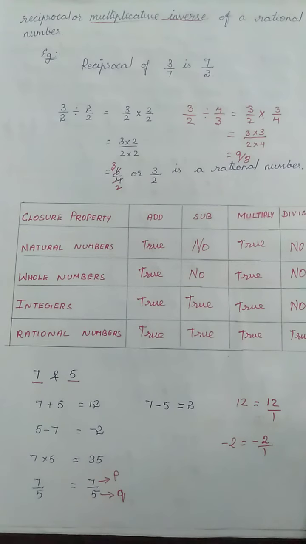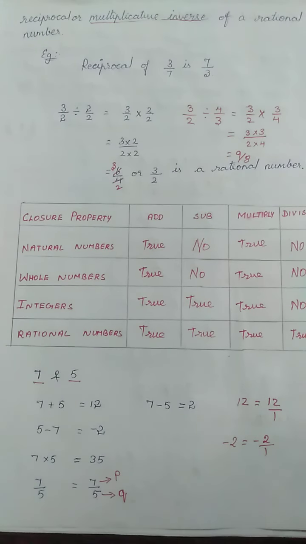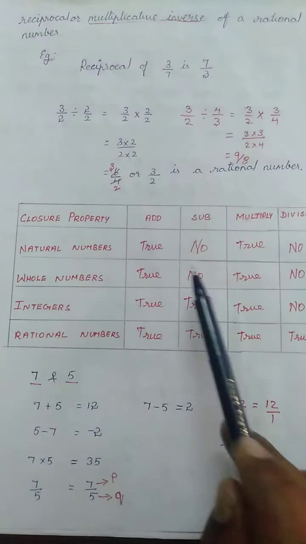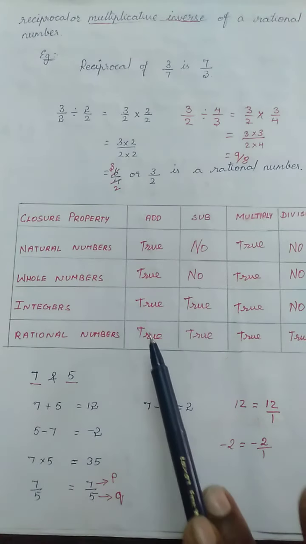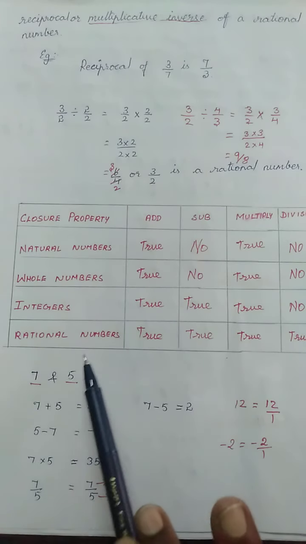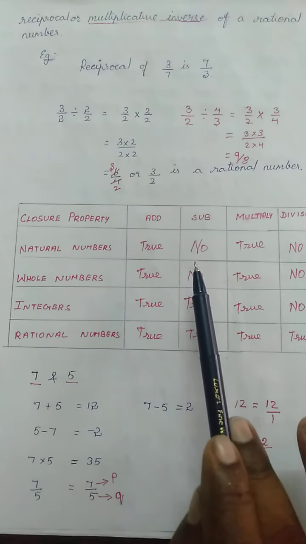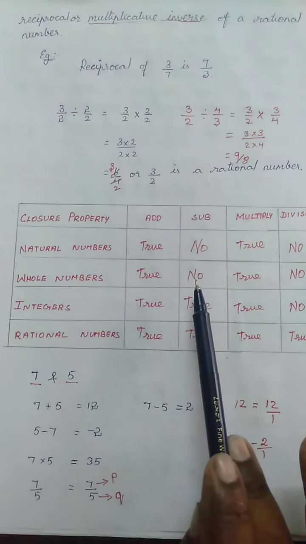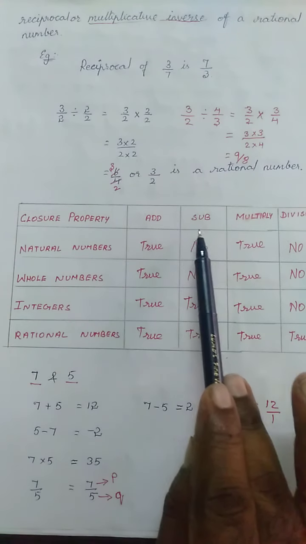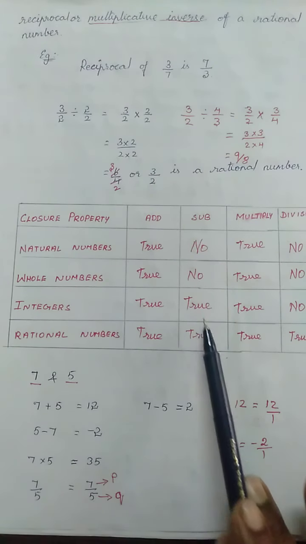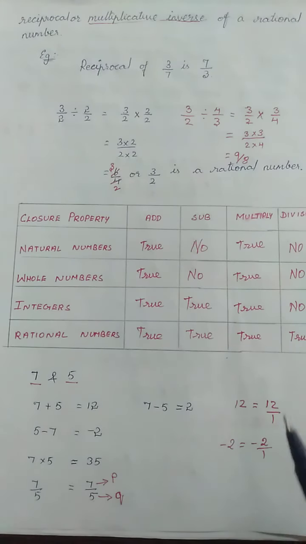So from this tabular column, what can we see? That closure property is true for all natural numbers, whole numbers, integers and rational numbers under addition, whereas it is not true for natural numbers and whole numbers under subtraction, but it's true for integers and rational numbers.